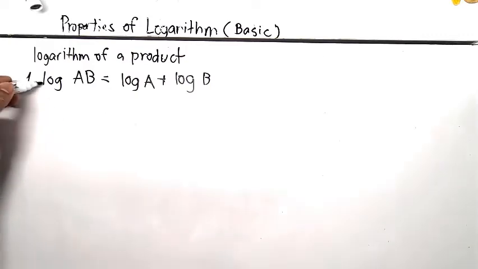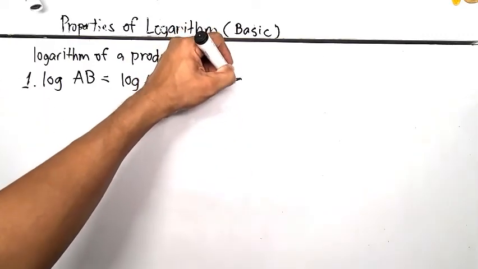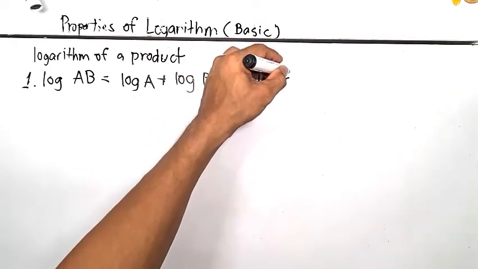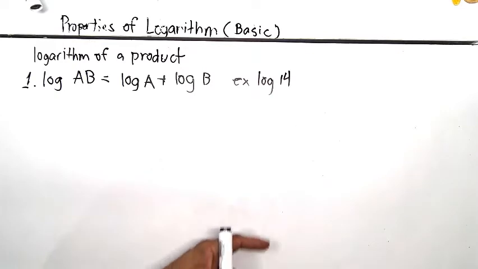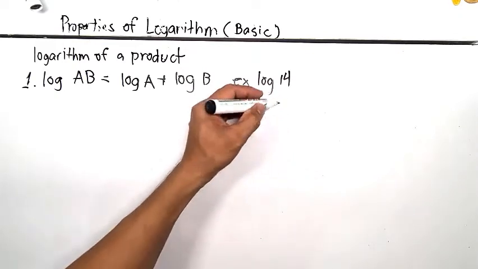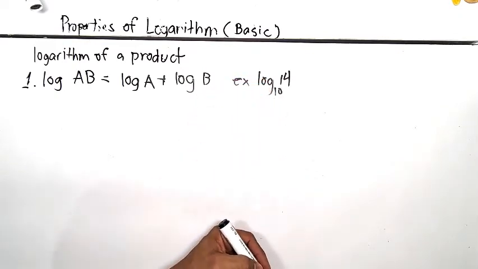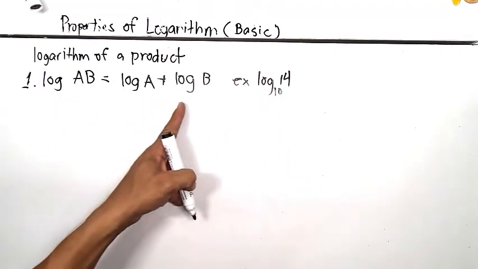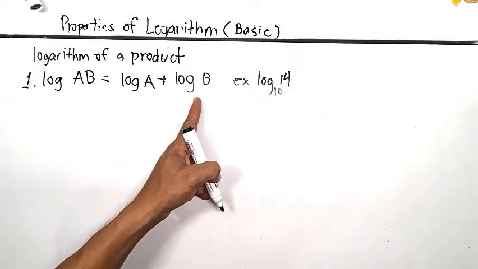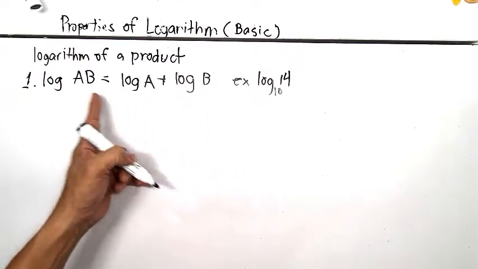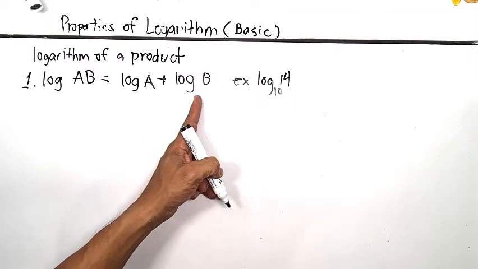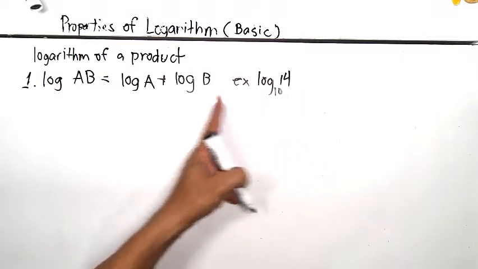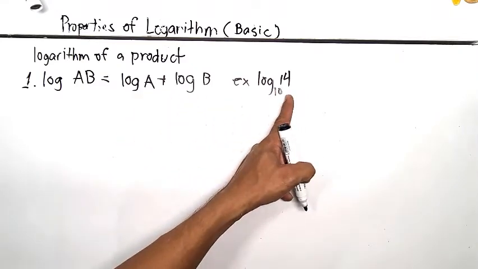To give you a simple example, let's say we have the logarithm of 14. By the way, the reason why we don't have any number here is because it's 10. By default, the base is 10 for the logarithm if we do not have a number as its base. So we can write it as log base 10 of 14, or just logarithm of 14.